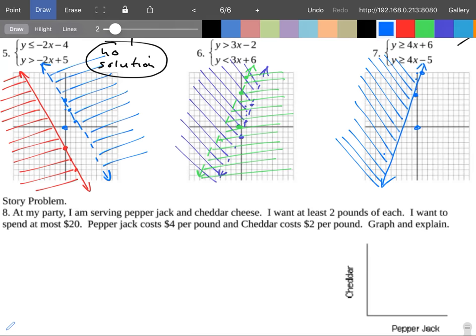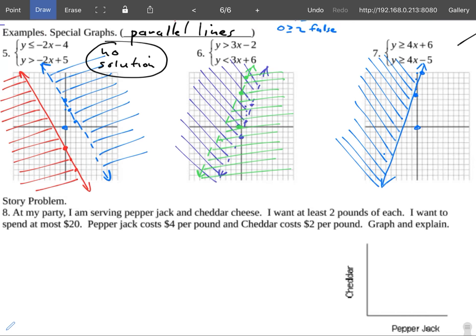All right, let's do the bottom one. Let's do red. The bottom inequality, this one, has a y-intercept of -5 and a slope of 4 over 1. So y-intercept of -5 and a slope of up 4 over 1.